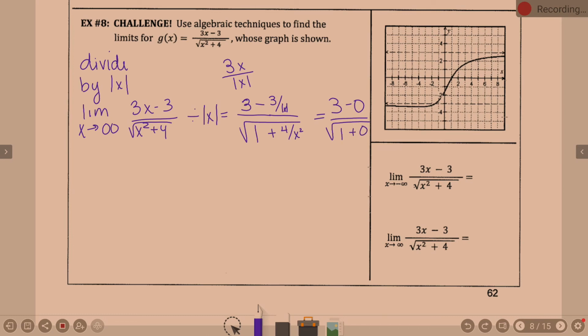What do we end up with here? 3 over 1, yes? And so up here, it's approaching 3. We'd have to think slightly different on the negative infinity, because you have to think about plugging in negative values, and so that just changes it to a negative 3 outcome.